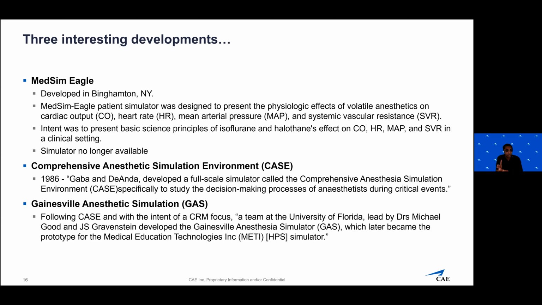It was one of the first areas where we started to see the foundational build for physiology modeling, and it was intended to teach those basic principles. It's not a technology that you will see today. Certainly, MedSim still exists today as a company, but I'd be curious, if you called them and asked whether they know about their own MedSim Eagle simulator, what their thoughts would be. And there are a lot of great folks on this call today with a lot of history and experience who will, I'm sure, echo some of these.